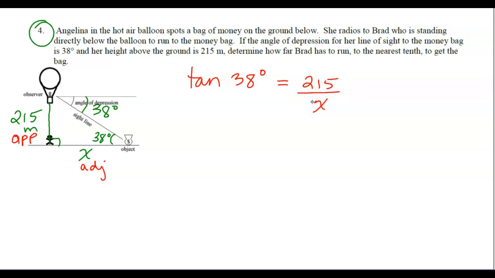When the unknown is in the denominator, do we multiply or divide? What did I say yesterday? Denominator, divide. D. So x is 215 divided by tan of 38. Okay, so just enter it in your calculator like that. So you're not using the second key, you're trying to find a side.